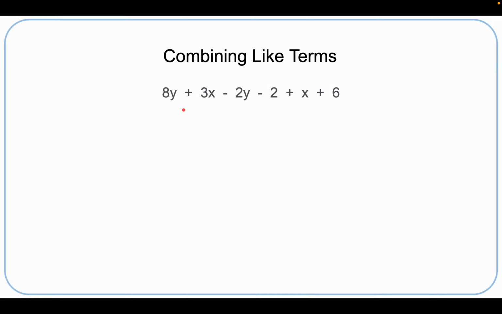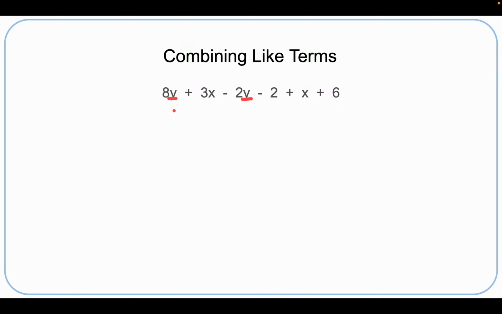Now for combining like terms, here's the same expression that we had earlier. Combining like terms means that you can add together terms that have the same variable in them. So here we have 8y and -2y, and I say -2y even though that's minus 2y, just because when we're combining our like terms, we need to always capture that sign that comes right before the term.